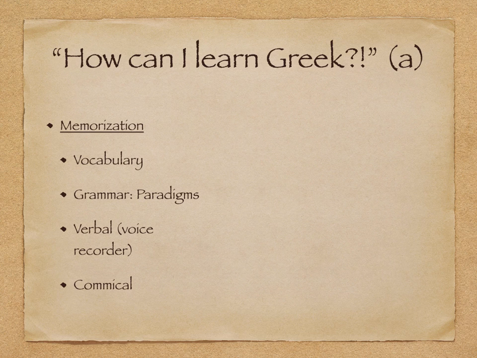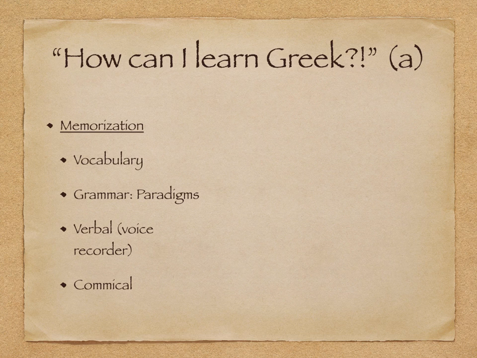Well, let's think for a few moments here about how you can learn Greek. Well, memorization. There's no substitute, and there are no salesmen who can come along and give you an alternative way to learn Greek more quickly or more easily. It's simply memorization. It's work. It's memorizing vocab, principles of grammar and paradigms.